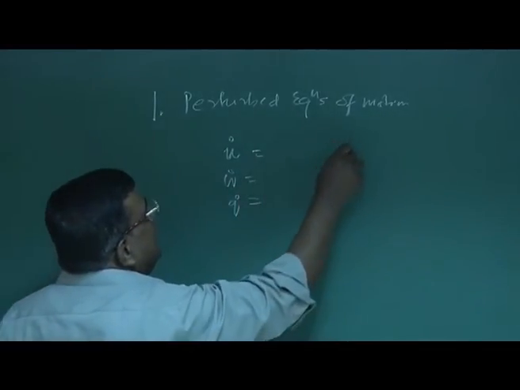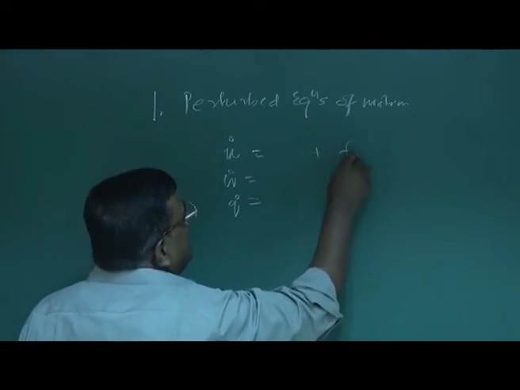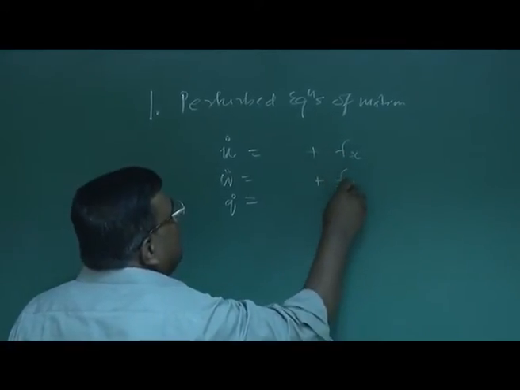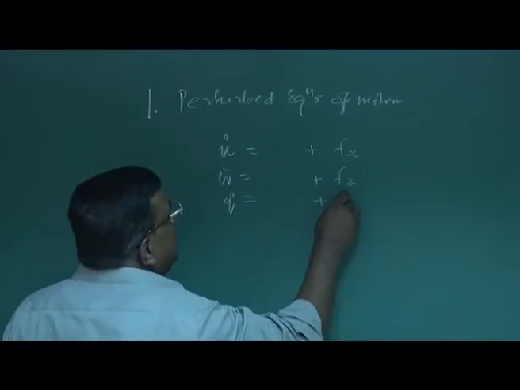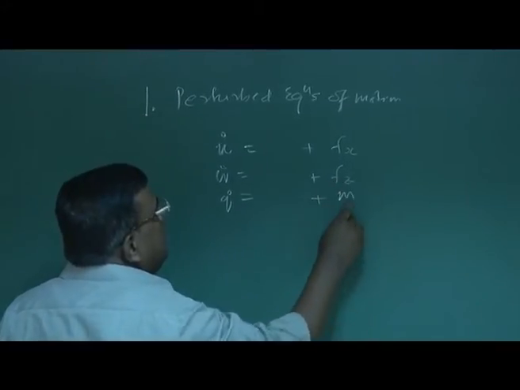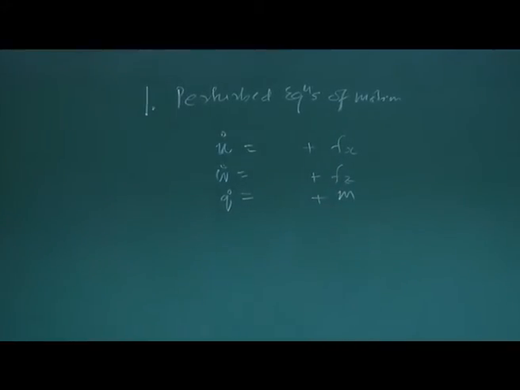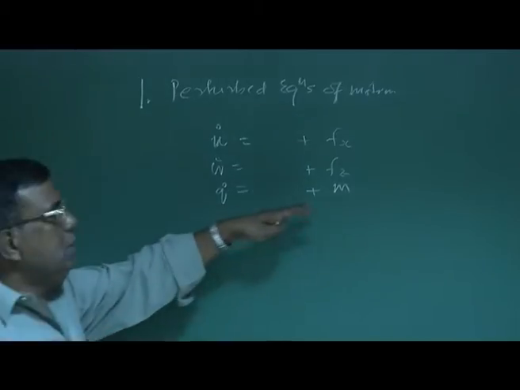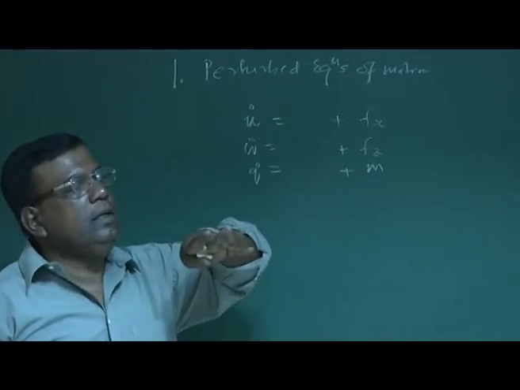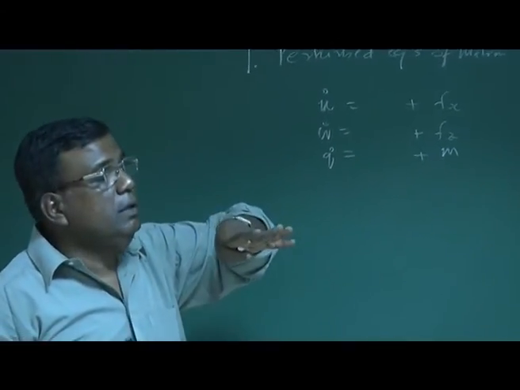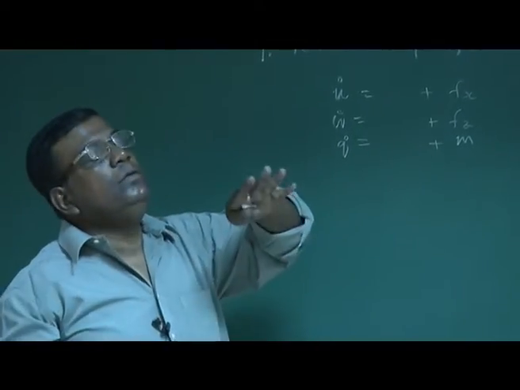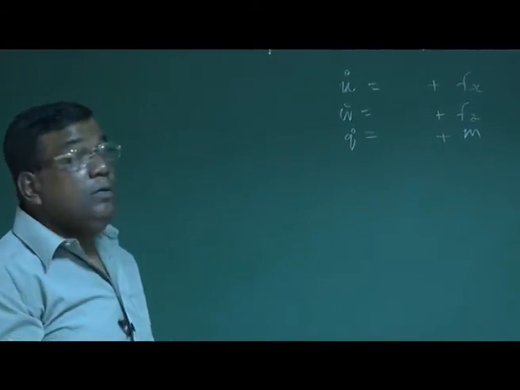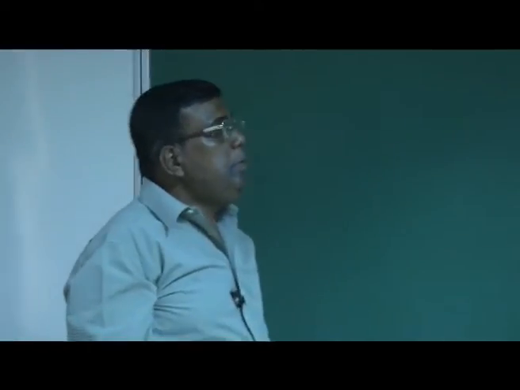This equation has Fx perturbed aerodynamic force, Fz perturbed aerodynamic force in the z direction, and perturbed aerodynamic moment. Because we understand at steady state this m will be 0, because there is no such motion at steady state, because cruise is our steady state. But the moment I give a disturbance, it will execute all this motion, so there will be a perturbed moment.